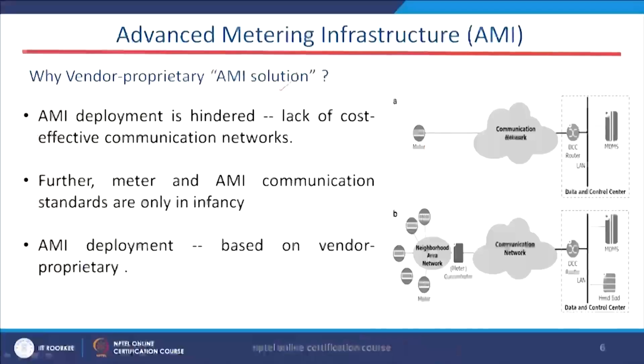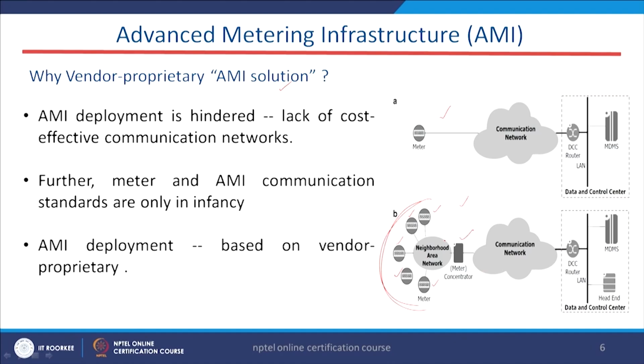Now, the second solution, that is the vendor proprietary AMI solution. In this case we have a larger number of vendors associated, and that is why we have a larger number of smart meters present, if we compare these two figures. Now, these meters are again connected to the meter concentrator through a NAN.